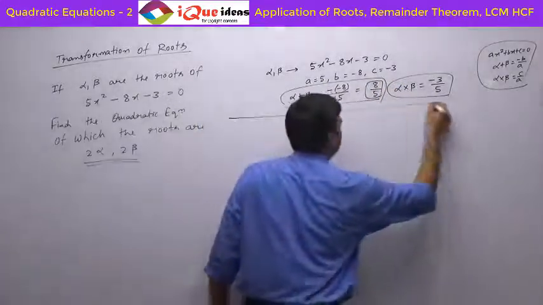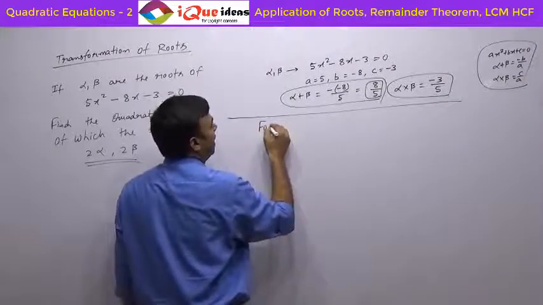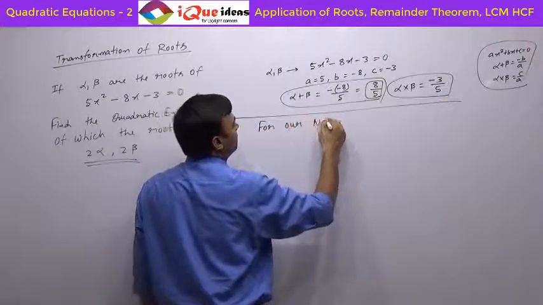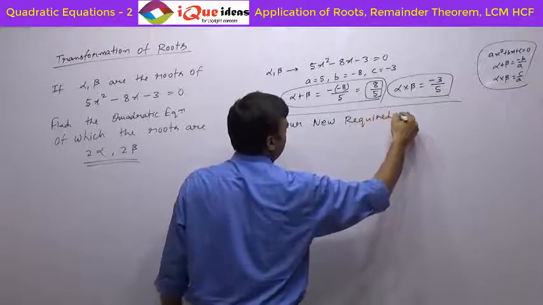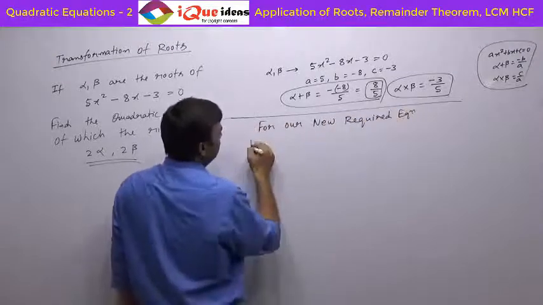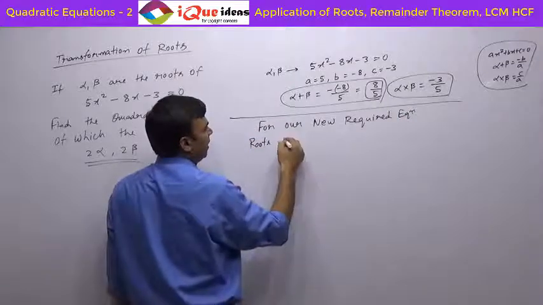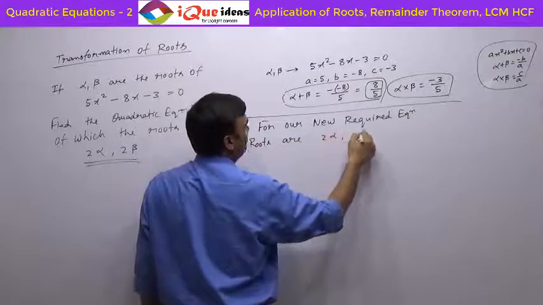Now I'll just draw a line here and then we'll say for our new equation that we have to calculate, new required equation, right? The roots are 2 alpha and 2 beta.